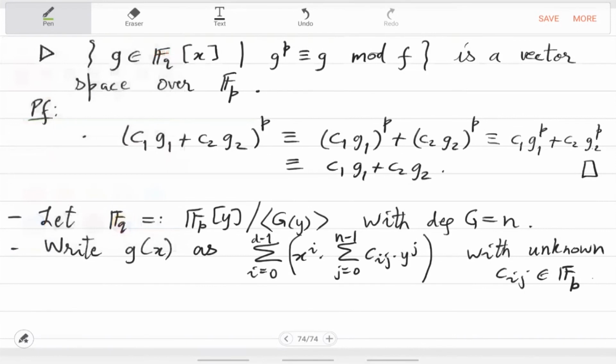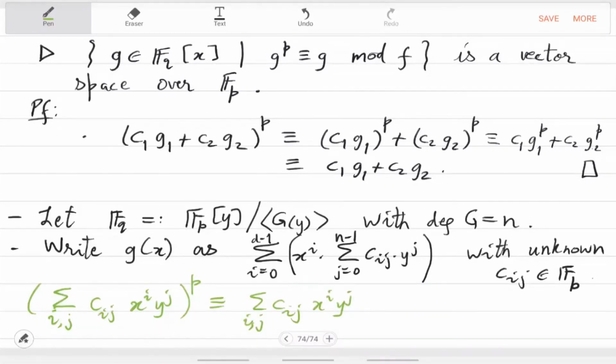So what they have to satisfy is this whole thing raised to p has to be the same as itself, mod f. Right, this is the system.